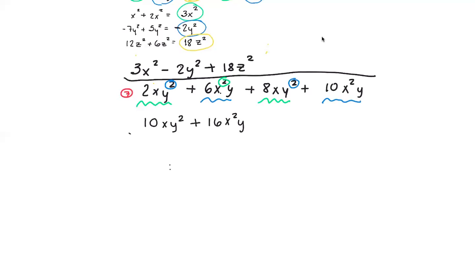We need to be very careful with these details, because similar terms are only those terms that have exactly the same variables with exactly the same exponents. So the moment you change one a little bit, it stops being similar. Okay? Okay, thank you, teacher. So that will be the answer of number 7.